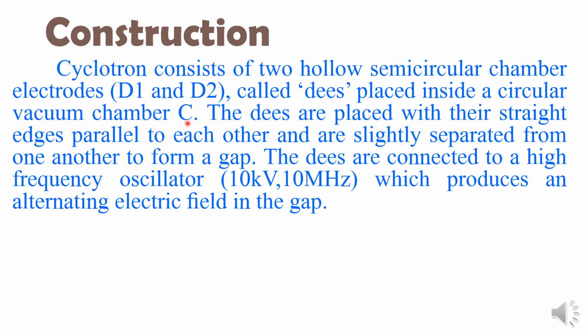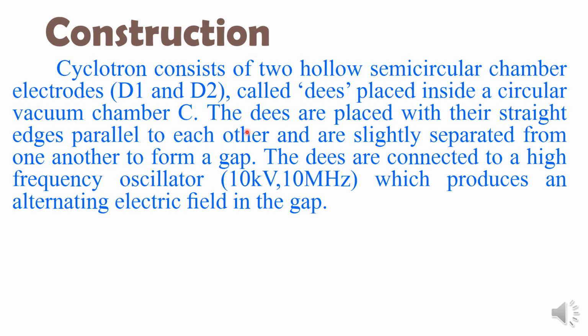Now here we have a circular vacuum chamber C, which consists of two electrodes D1 and D2, and these two electrodes are nothing but hollow semicircular chambers.